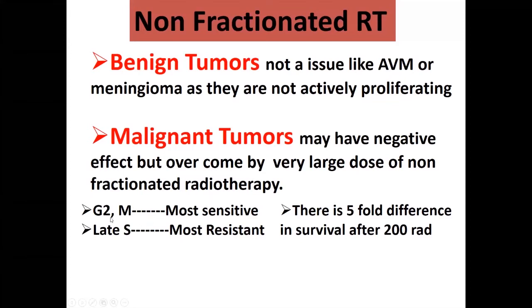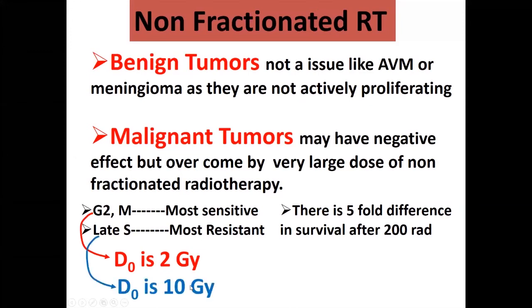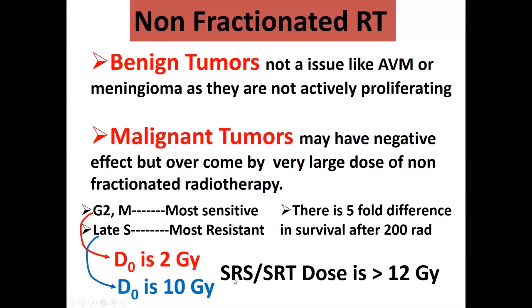We discussed that G2M is the most sensitive phase and S is the most resistant phase, and there is a 5-fold difference in survival after 2 gray. So, for the most sensitive phase, if D0 is usually 2 gray, then for the most resistant phase, the D0 will be 10 gray. And how much do we deliver with non-fractionated radiotherapy? Usually more than 12 gray.